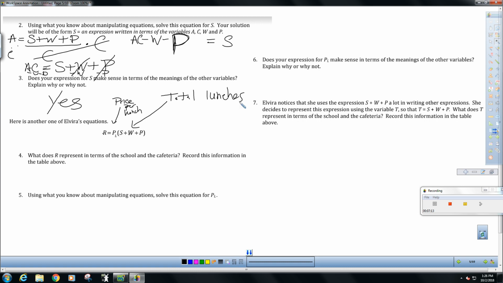Yes, it does. Very good. The total money received. Not our profit, but the money we took in. We still got to pay for the food. We got to pay for the workers. Okay? What does R represent? Now we got it. Total money received.